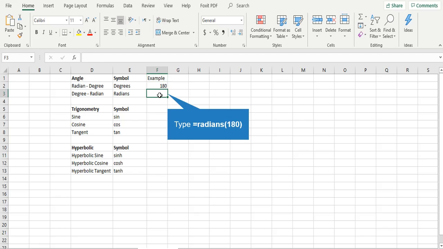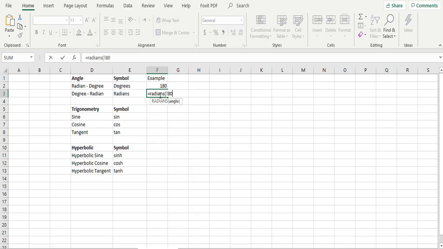Okay, this is how to convert radians to degrees. To convert degrees to radians, we use the radians function, and then this one will be, for example, 180. Then you will get the value of pi. Okay, that is how you convert between radians and degrees.